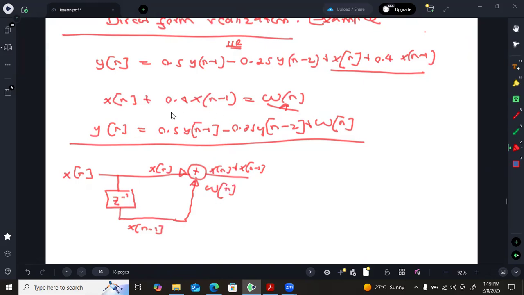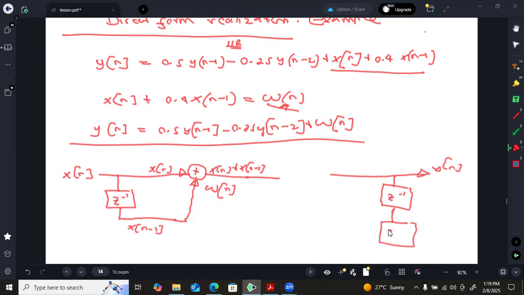Then the other part: you can see in this, omega of n is just part of it. So you'll have this, like having 2 parts of it. For y of n, you have a maximum of 2 delays, 1 delay, 2 delays. So I will draw, this gives me 1 delay, z minus 1.